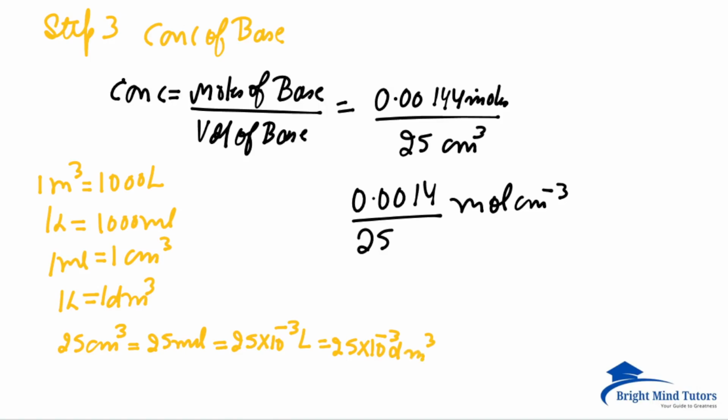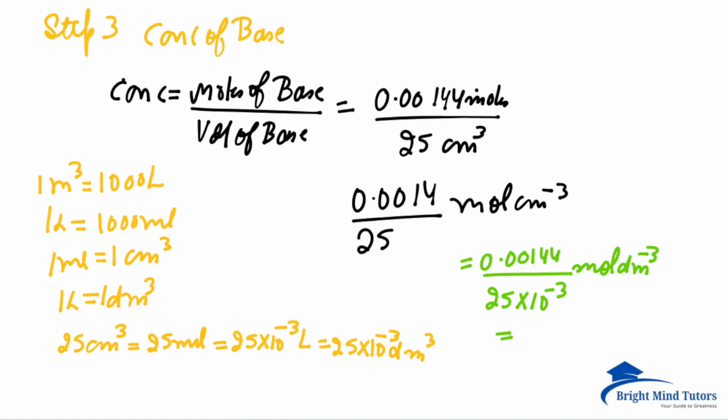Now this value of the volume we can use so that we can get the concentration in the units of mole per decimeter cube. So that means it will be 0.00144 upon 25 into 10 to the power of minus 3 moles per decimeter cube. Just solve this.